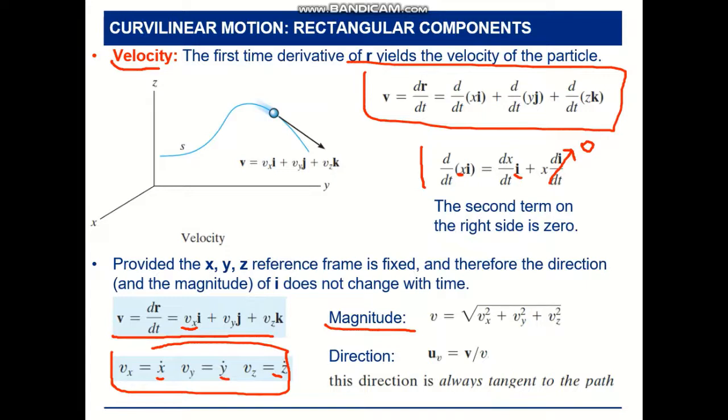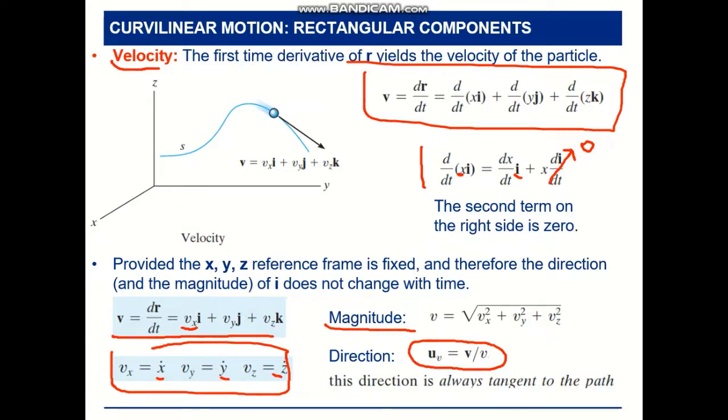For the direction, if we divide the velocity vector by the velocity magnitude, it gives us the unit vector of the velocity.